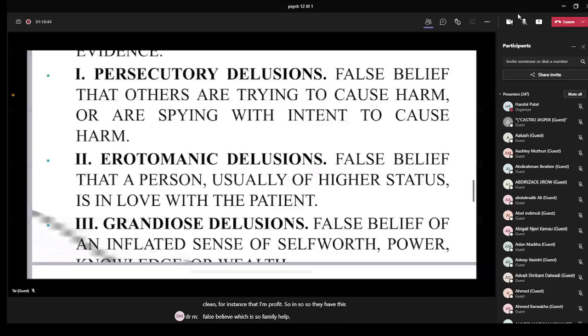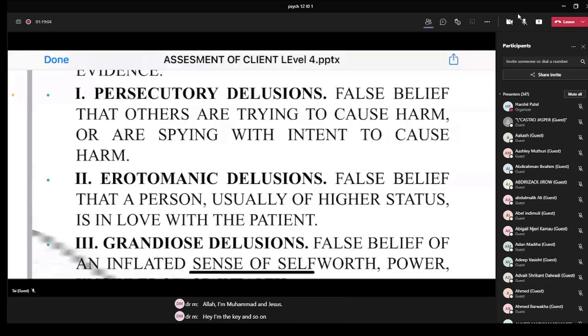As much as you try to tell the patient that this is wrong, that what you believe is not right, and there's no evidence, they keep on telling you, no, you must be wrong. I am Allah, I'm Muhammad, I'm Jesus, I'm the king, and so on. But then there's no evidence.